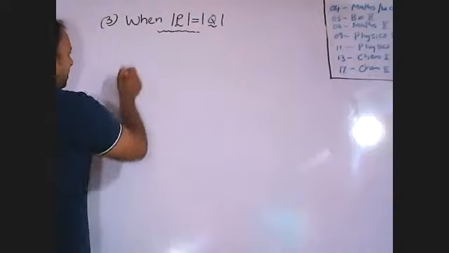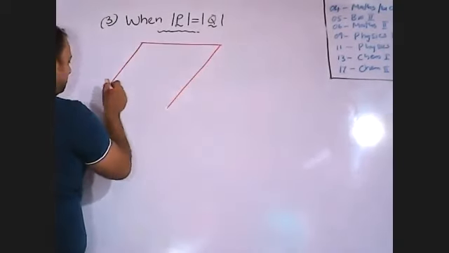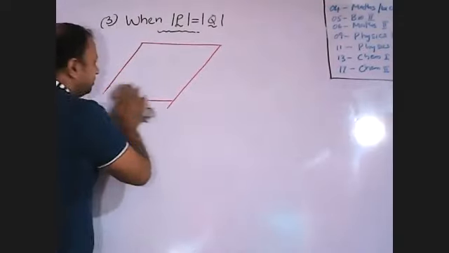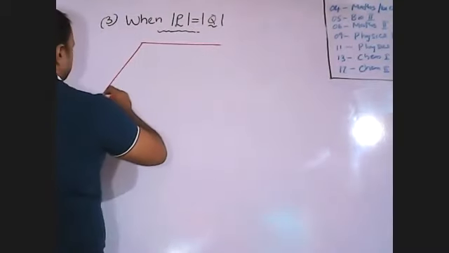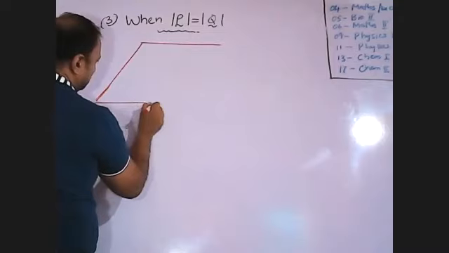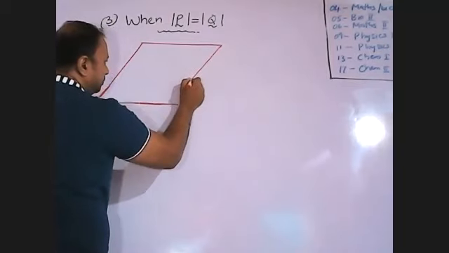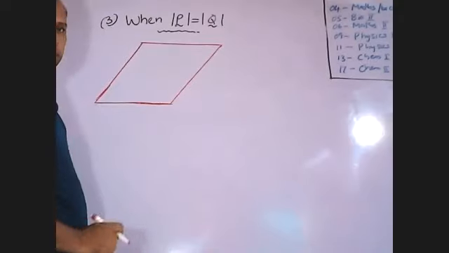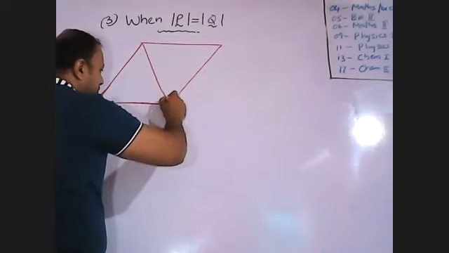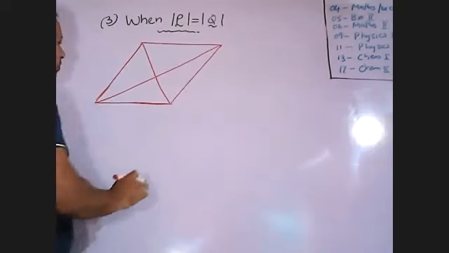Therefore, I can draw that. It should be a rhombus or square.